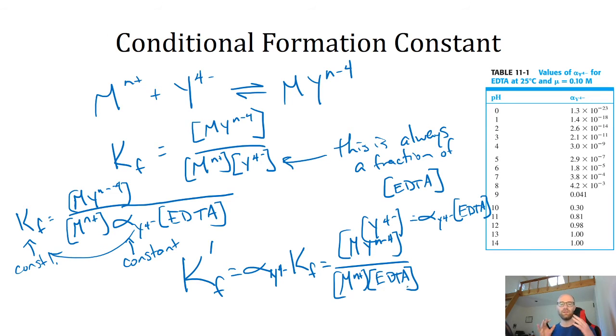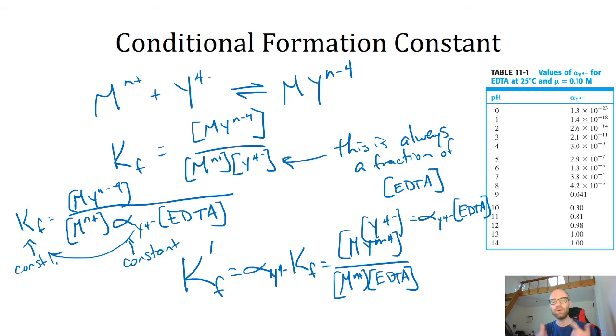This really pushes the boundaries of a balanced chemical equation, because this conditional formation constant refers to a reaction where the reactants show the sum of all EDTAs and the products show one of the forms.